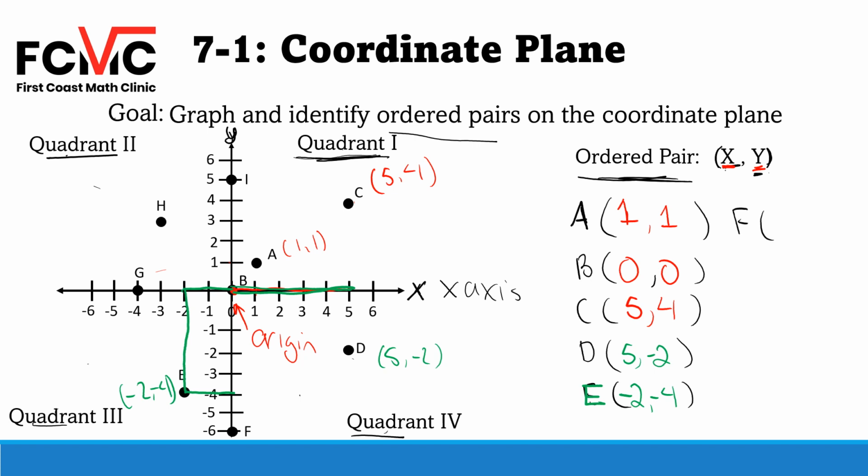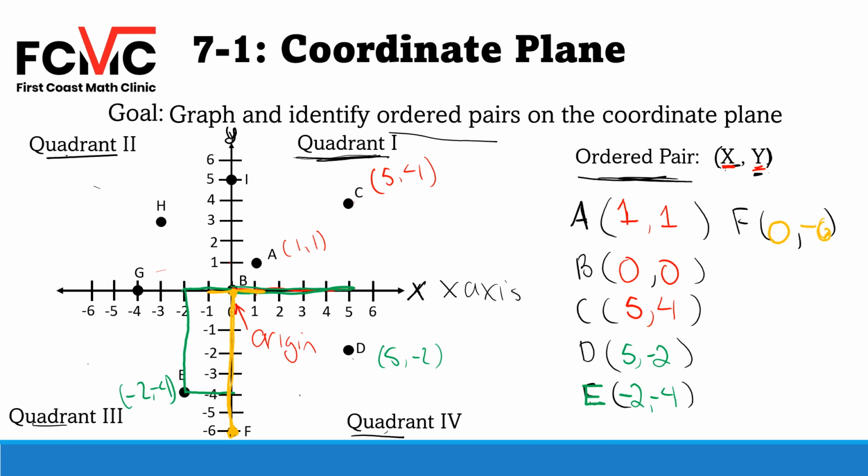Then let's get the coordinate for F. So F is right here. So again, starting at our origin, I'm going to go down -6. I don't have to go to the left or the right at all. My x value is 0 starting. I'm going down 6, so my y value is -6.